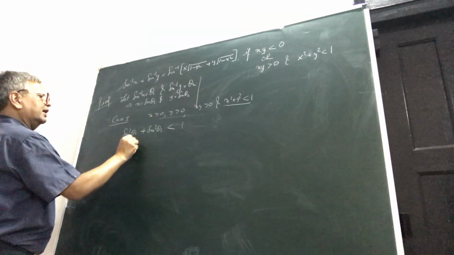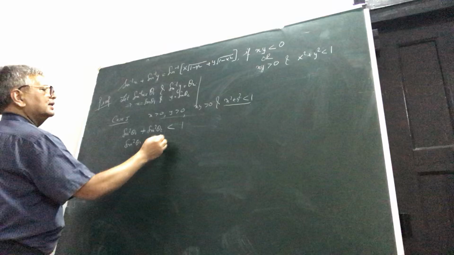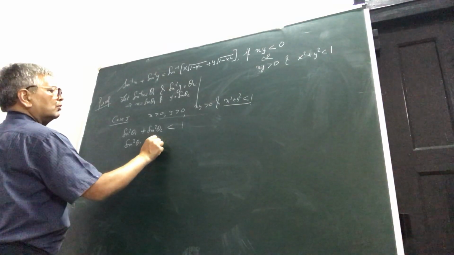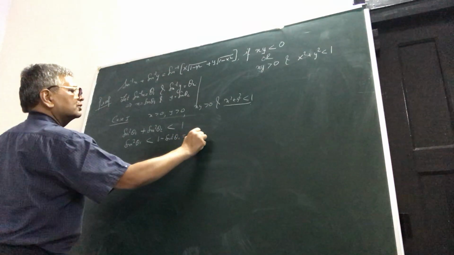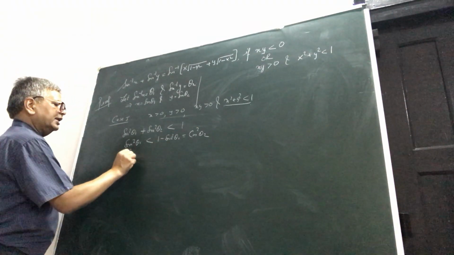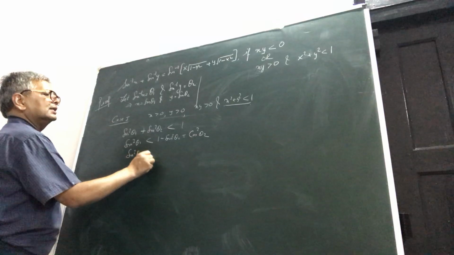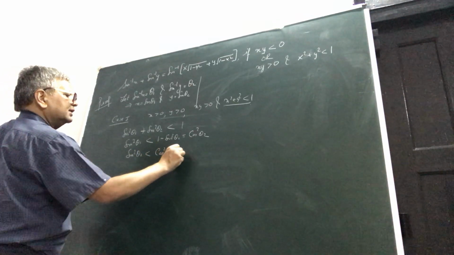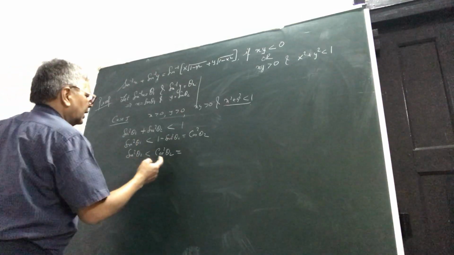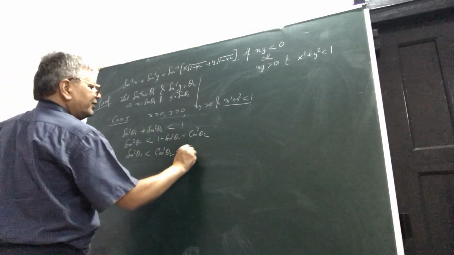Or sine square theta 1 is less than 1 minus sine square theta 2, which is nothing but cos square theta 2. So sine square theta 1 is less than cos square theta 2. And this cos square theta 2, I can well write to be what?